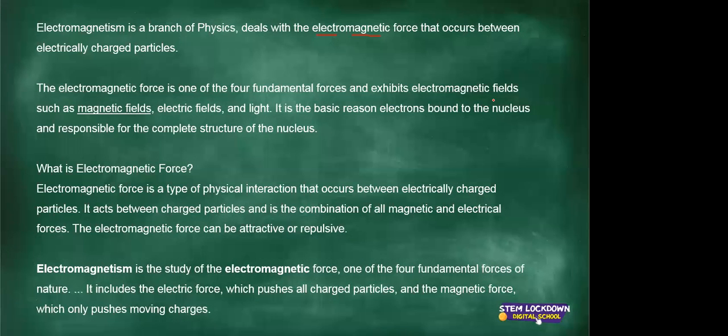Remember in matter and materials, I showed you pictures of atoms. Inside the nucleus were your protons and your neutrons, and on the outside in each shell or each level, there were electrons. I told you that these electrons were not moving randomly around the nucleus.